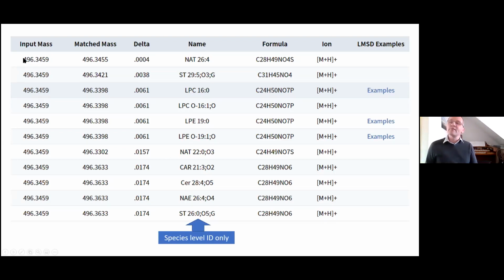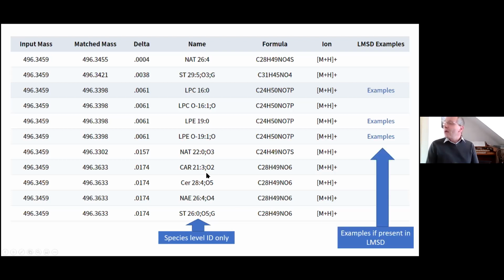In fact, not even that list, just a single input mass could be all of these. And if lipids that match this shorthand species level ID exist in the LMSD database, then there are links through to examples there.